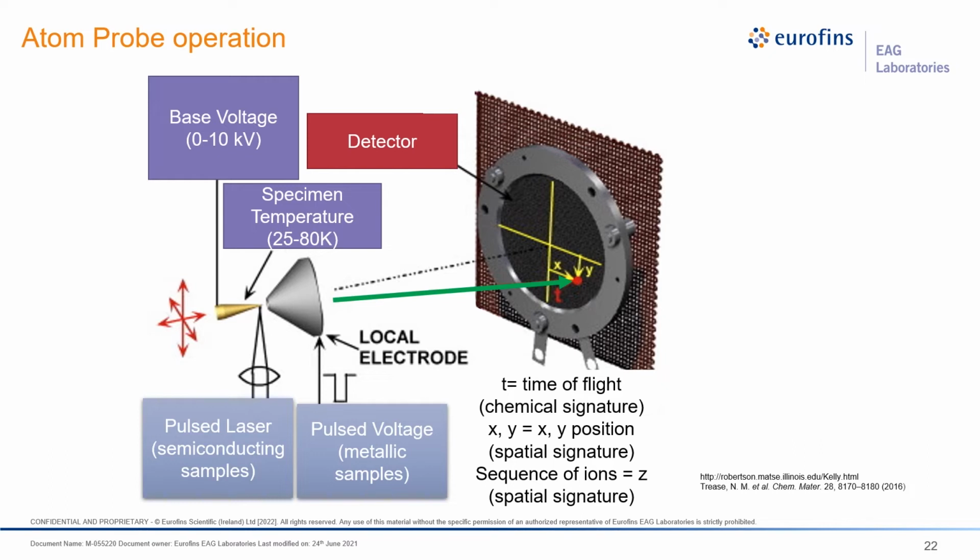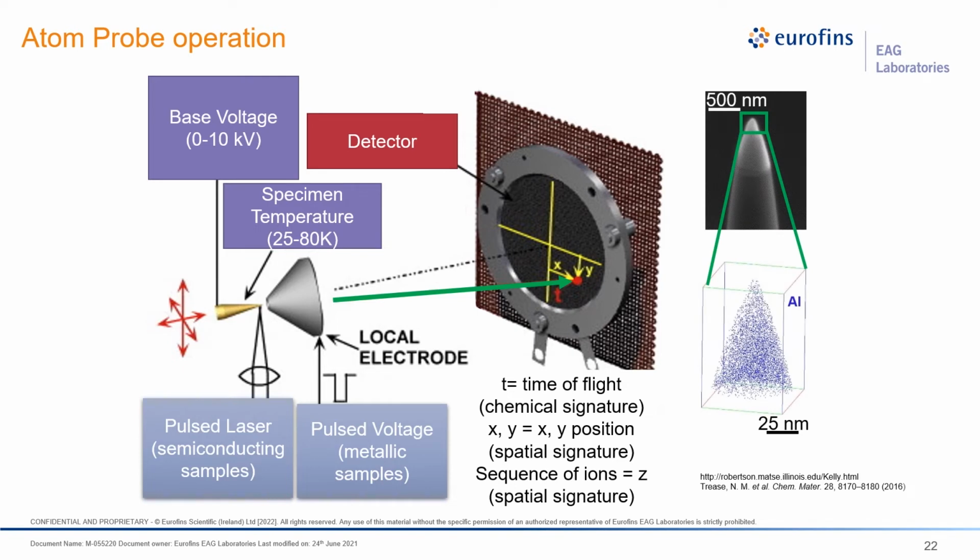And so then we're going to effectively deconstruct this needle and then capture that in a data set, and have a three-dimensional mapping of where all these atoms came from within the sample.